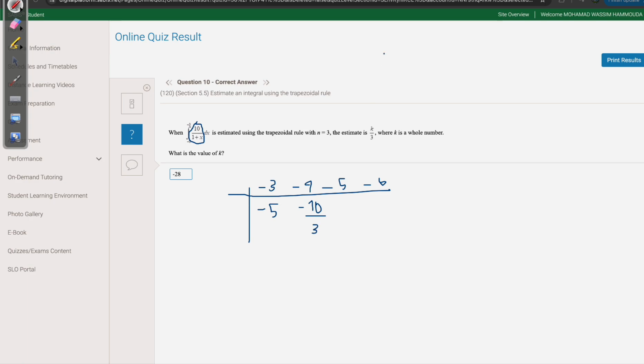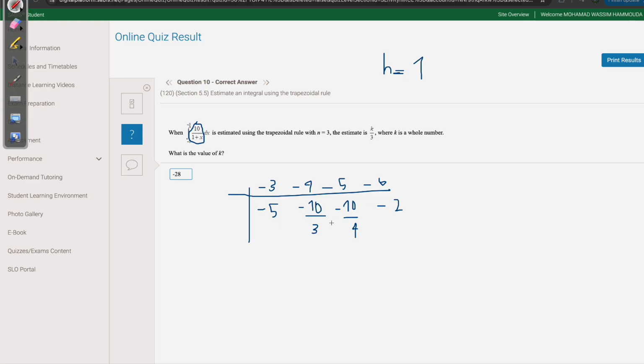Wait, let me just keep the height as 1 because we'll need it in the rule. Then let's substitute x by negative 5. 10 over 1 plus negative 5 is negative 10 over 4. Then we're gonna substitute by negative 6, which is 10 over negative 5, which is simply negative 2.